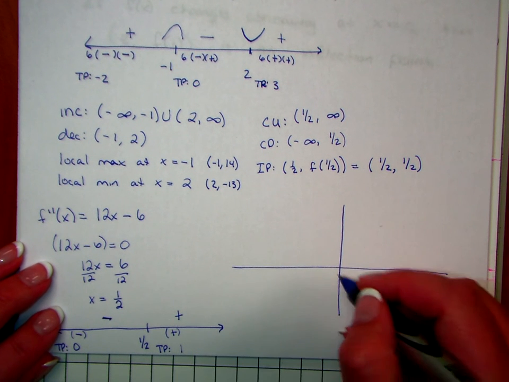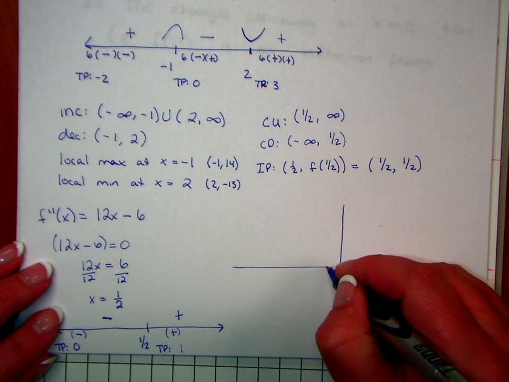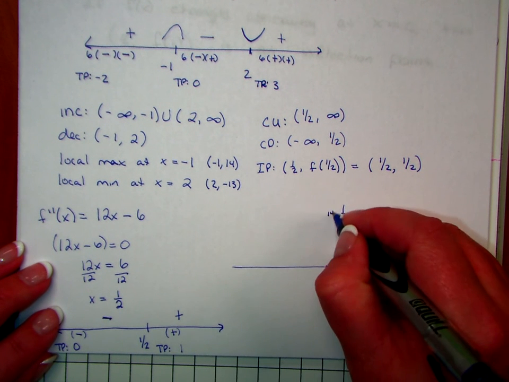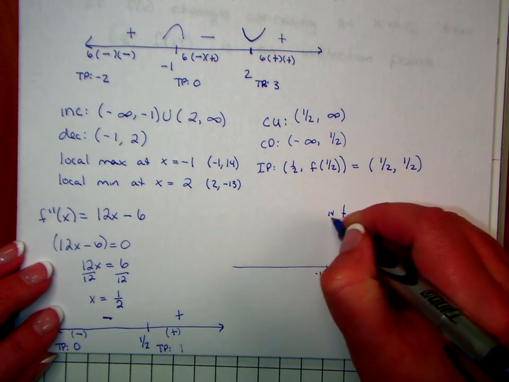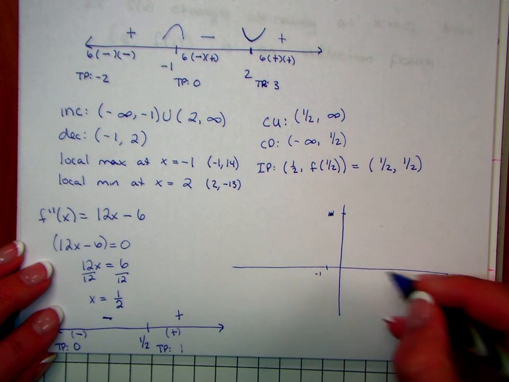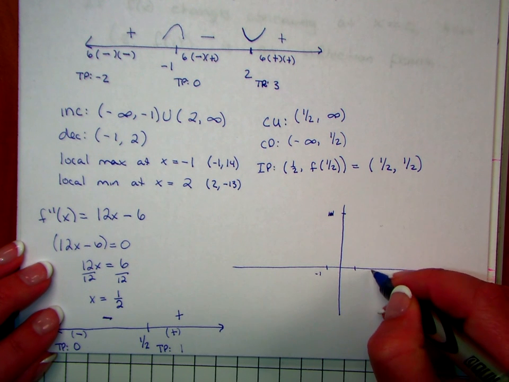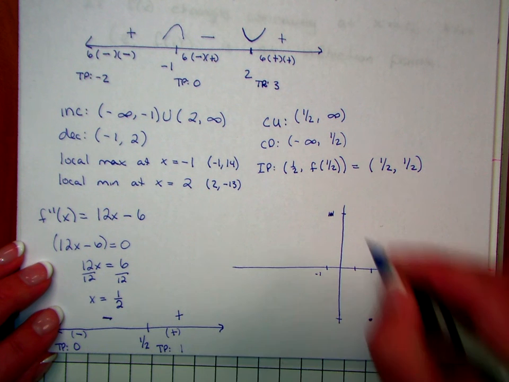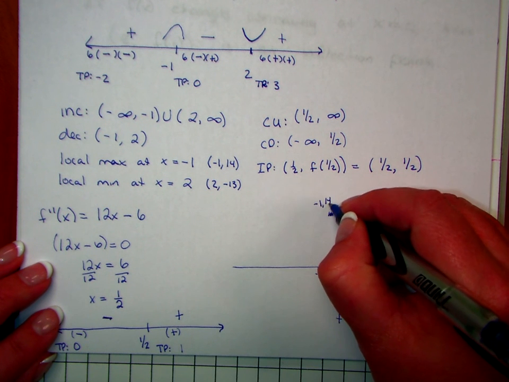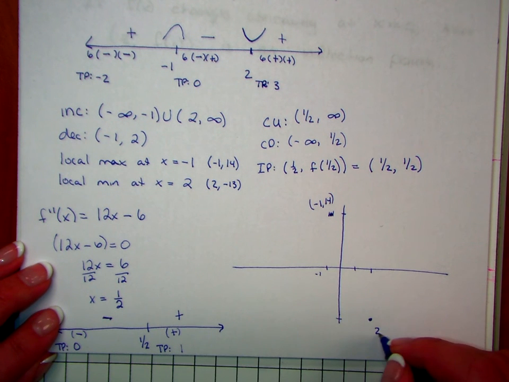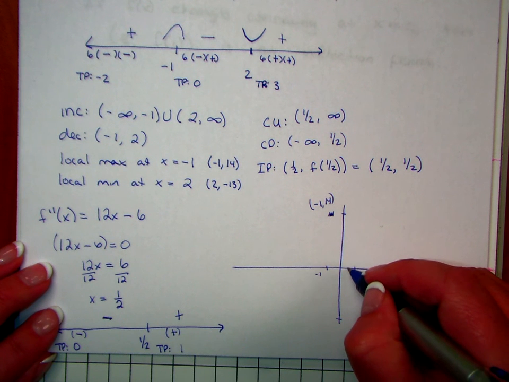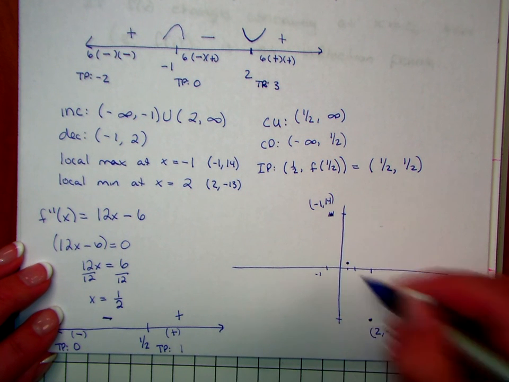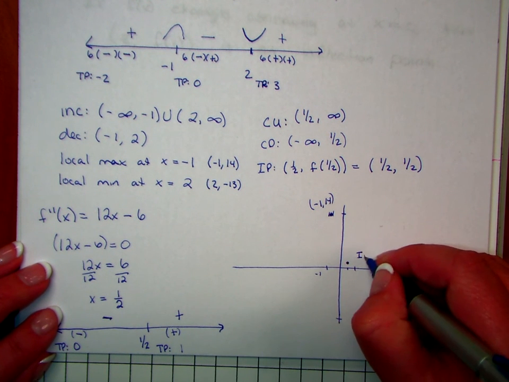So -1, 14, and then 2, -13 for our min, and then I have the inflection point at 1/2, 1/2.